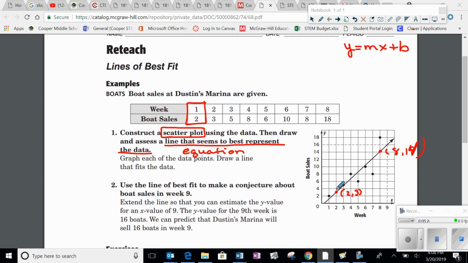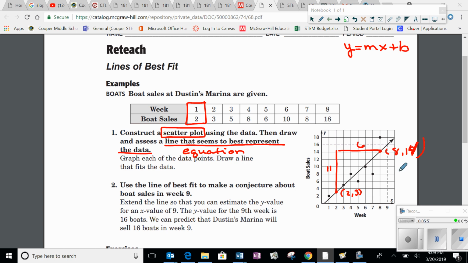Now, you can do rise over run, but you need to remember that this is a 1 right here. So it's counting by 2s, and then you have an extra 1. So we have 2, 4, 6, 8, 10, but this 1 makes it 11, and over, sorry, this is counting by 1s. 1, 2, 3, 4, 5, 6.